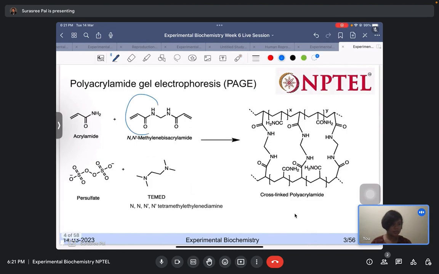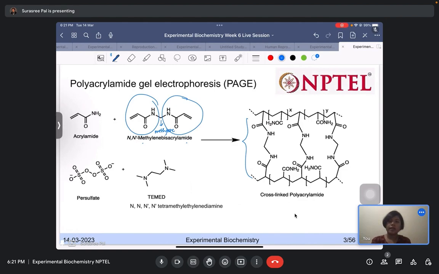This is one acrylamide molecule, this is another acrylamide molecule, which are joined together by a methylene group. That is why it is called methylene bisacrylamide. What it does is that it can form branches in the linear polymer of acrylamide. So these branches are formed by bisacrylamide.